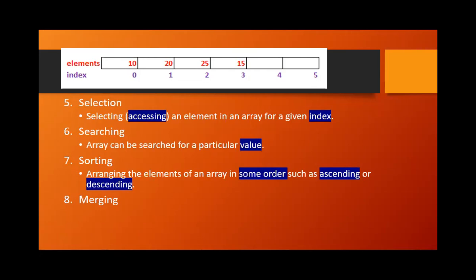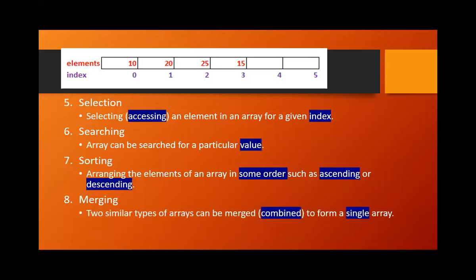The last operation we can perform on an array is merging. Merge means combining. Suppose there are two arrays and we want to combine both to make a single array. That type of operation we call merging. At the time of merging, we have to take care that both arrays are of the same type.